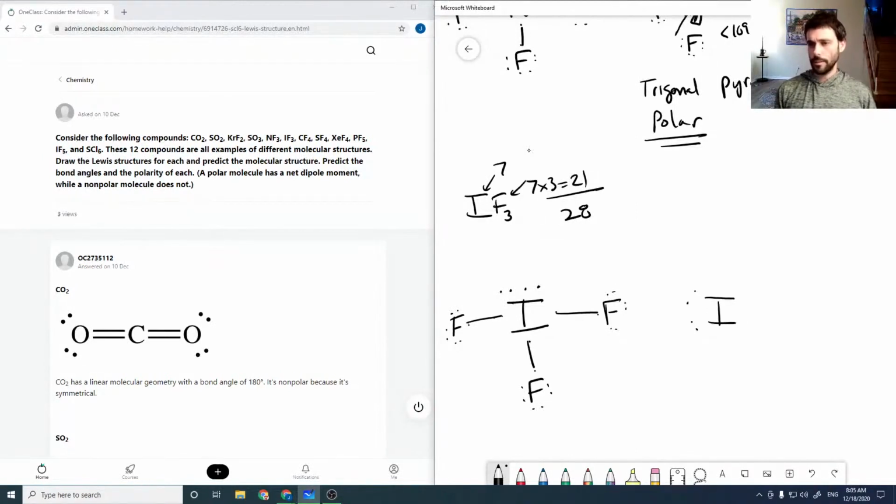And so then if we draw our molecular structure here, then we're going to have iodine. Our lone pairs are going to be at the side. And this. Now these, because of the lone pairs, are going to be less than 90 degrees, as it's going to squeeze it down. And this bond angle is going to be less than 180.